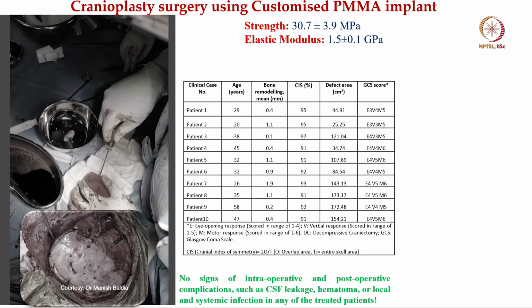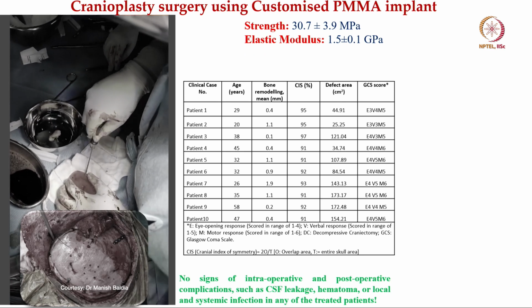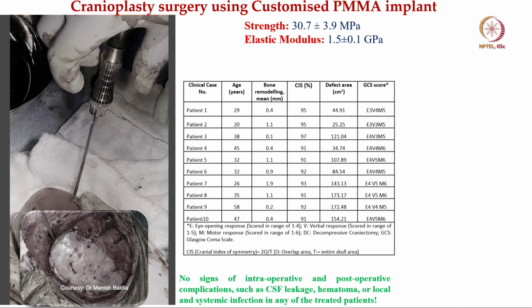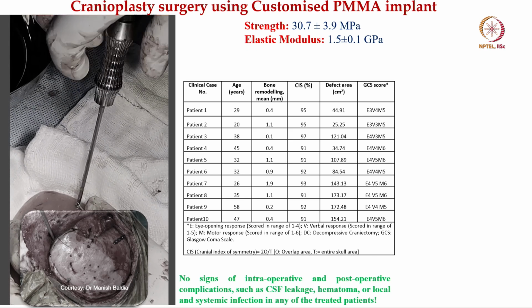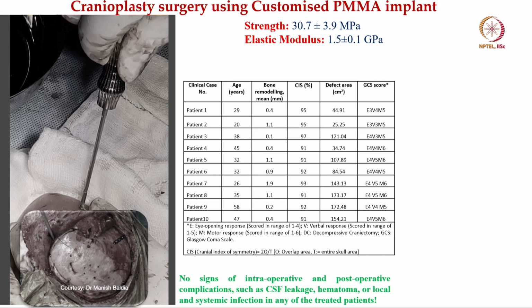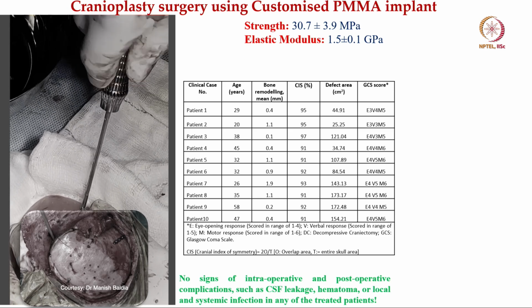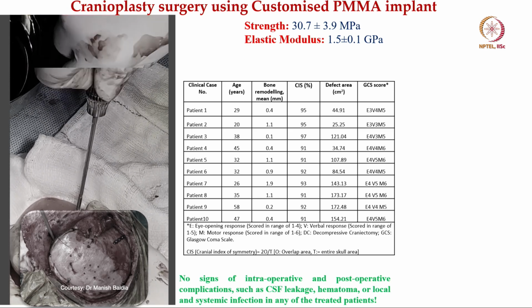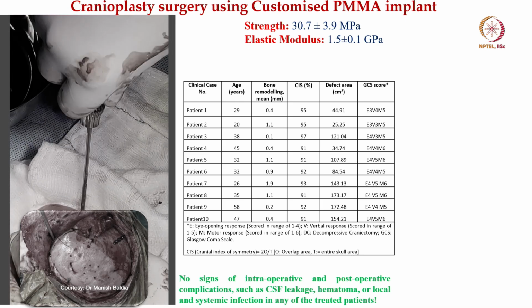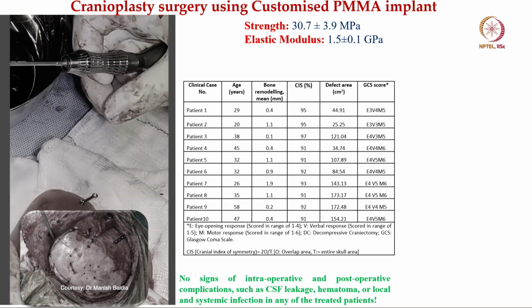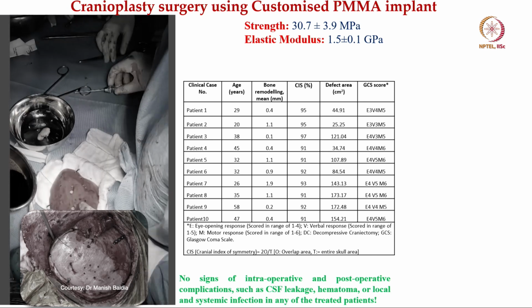In the preparation, they are putting in titanium screws or intentionally making some holes, so that through these holes they can place the titanium mini plates and screws to fix the implants perfectly at the site of the cranial defect.